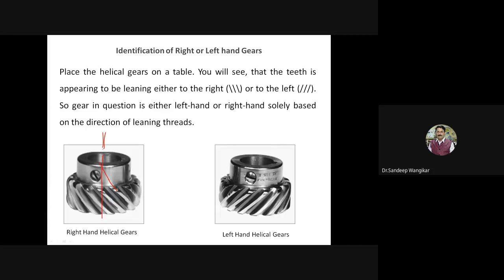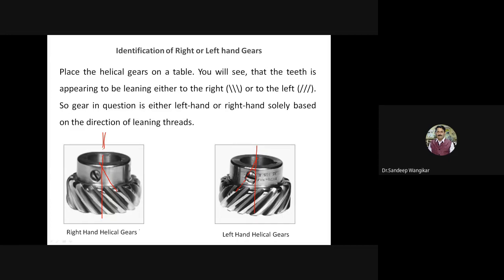Similarly, I can go to this side. Assuming this is some center line, now if I extend this angle psi, this is a left hand helix. So this is the generalized thing.